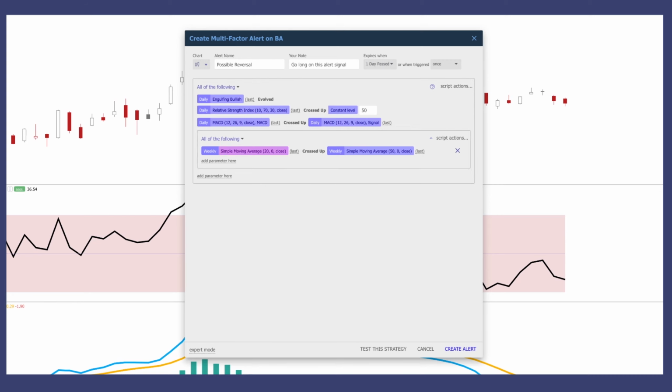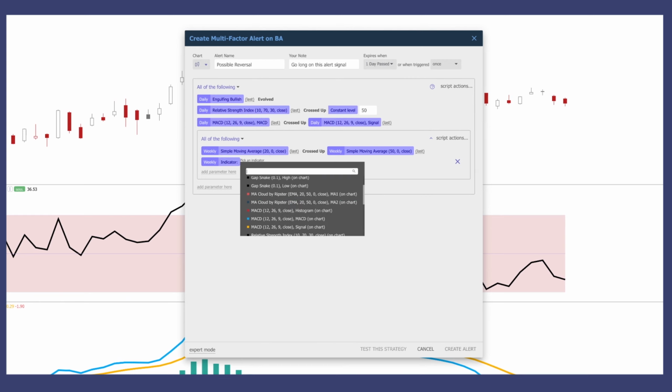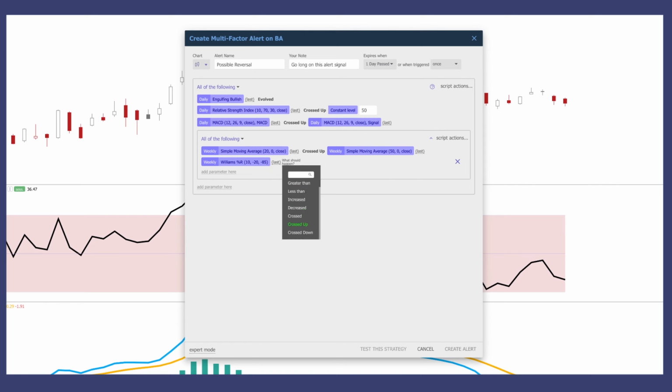Or you need the weekly indicator, and you need the Williams percent range to cross up through the constant level of -50.